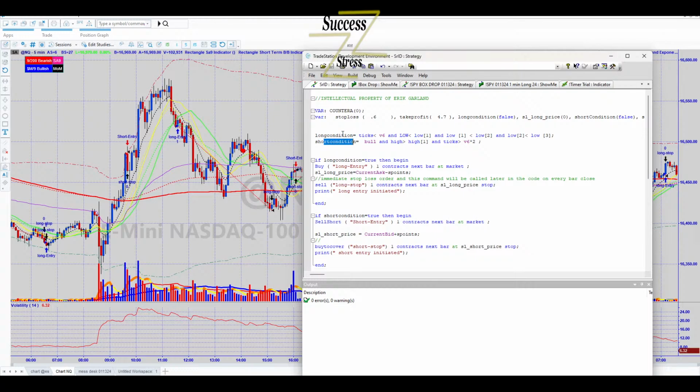The long condition was that we had a volume less than the six bar volume, and that the low was lower than the bar before it, and that bar's low was lower than the one before it. So it looks like you have 3 successive lows, with that final bar having a volume lower than the 6 bar average.